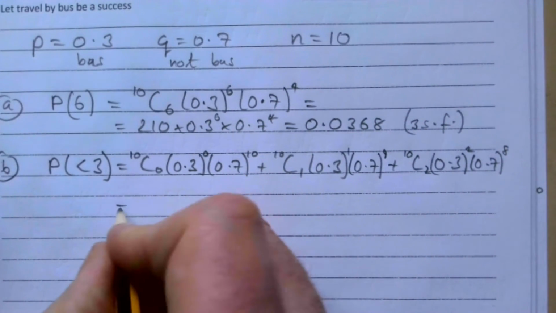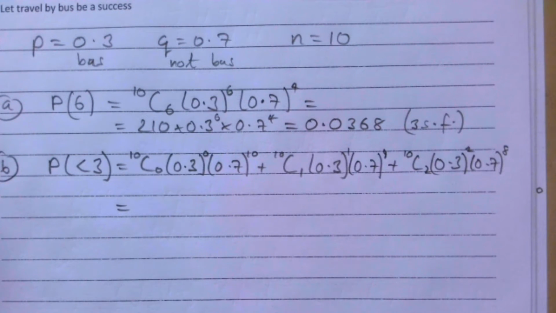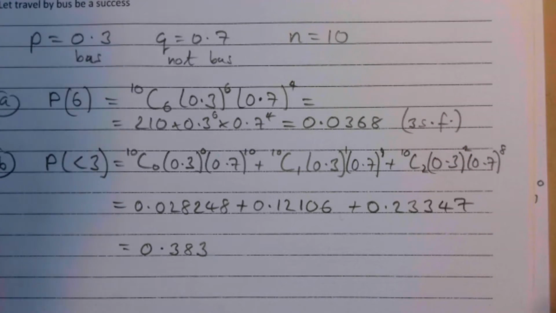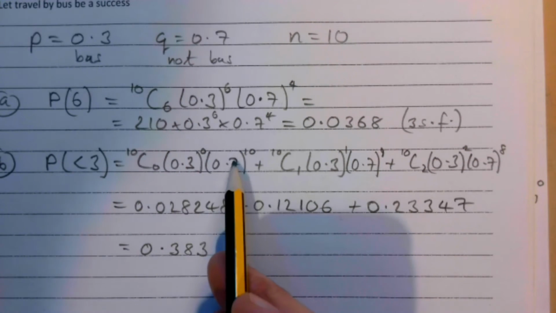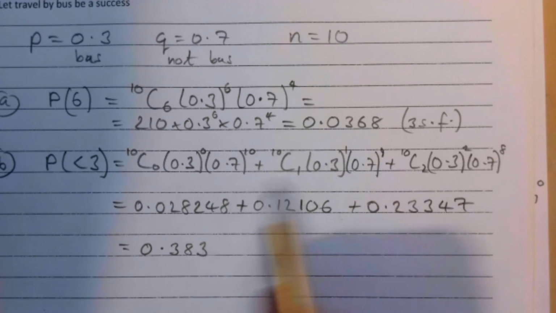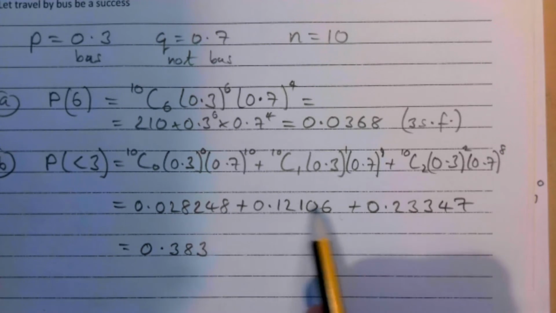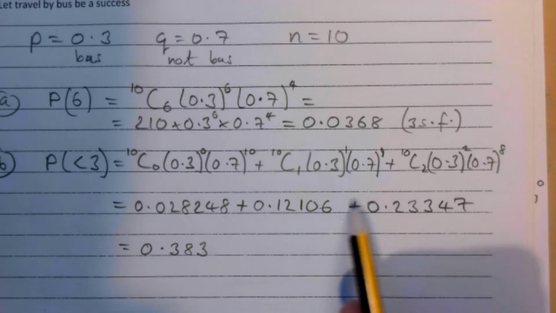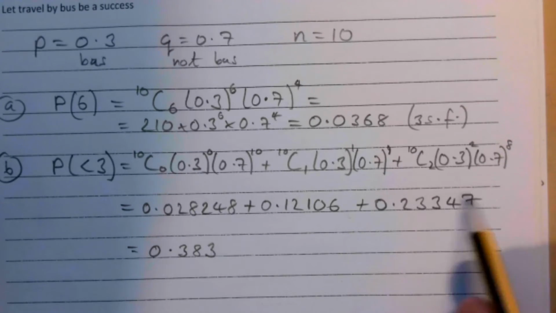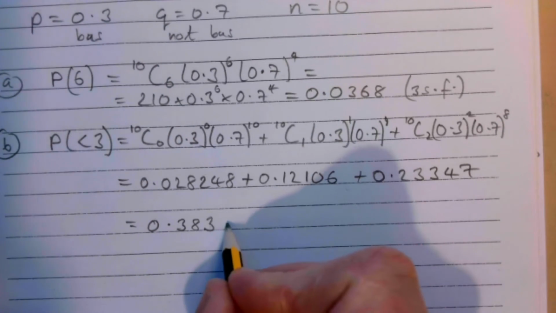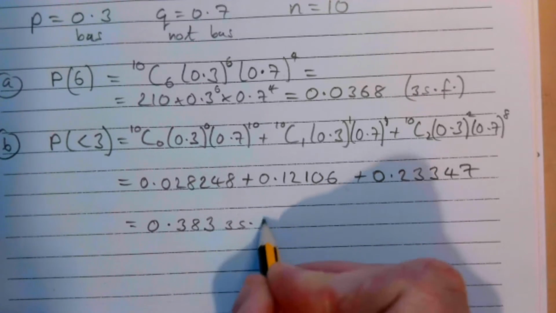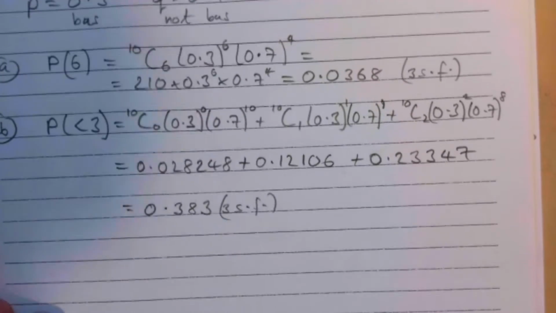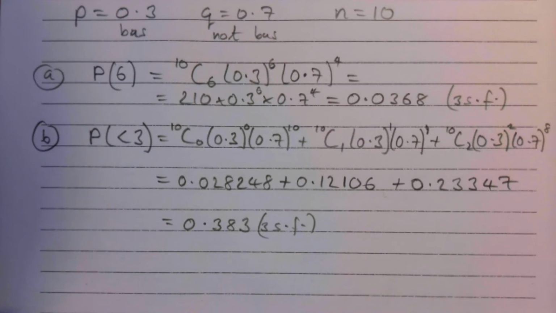So I'll pause while I start to plug these into the calculator and see how we get on. Okay, so putting each of these into the calculator gives these values. Adding those 3 values up, the 3 significant figures gives 0.383. So that's our answer to part B.